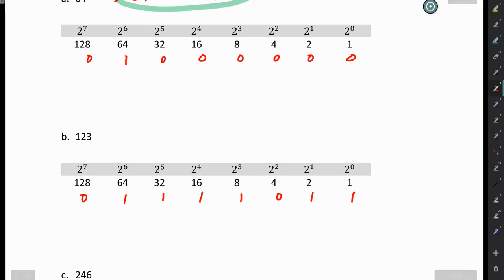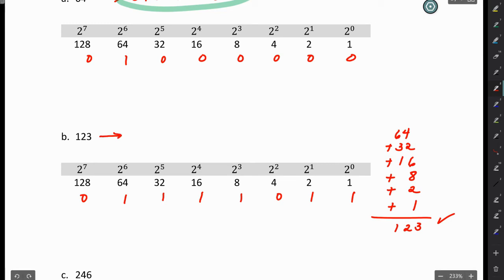So let's double check ourselves here. 64 plus 32 plus 16 plus 8 plus 2 plus 1 gives us 123. So the binary for 123 is 0, 1, 1, 1, 1, 0, 1, 1.